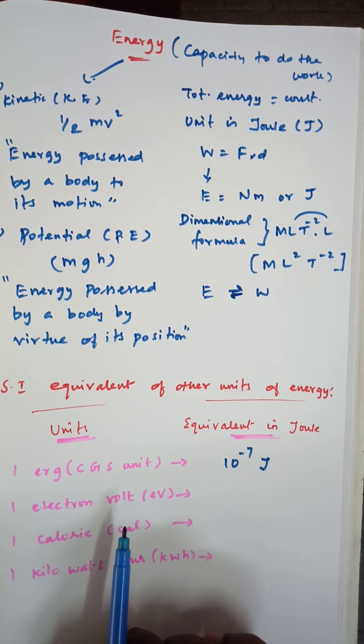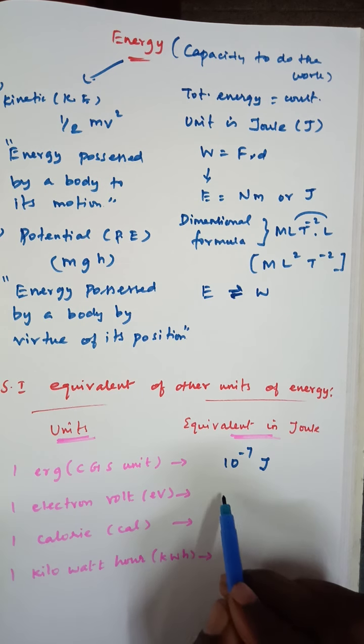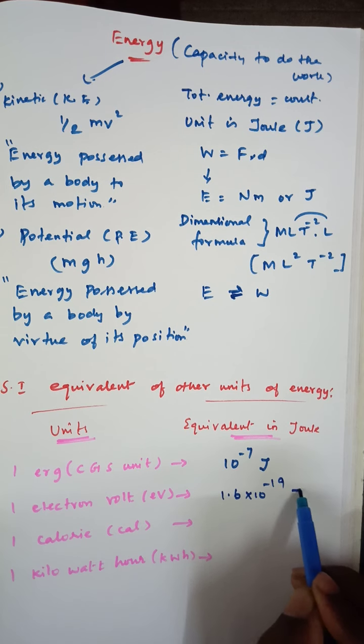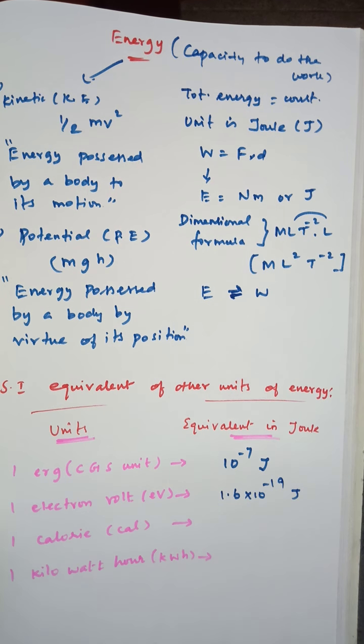That is the meaning of 1 electron volt. Its value is 1.6 into 10 power minus 19 joule. Very, very small, because the size is very small, so the energy is also very small.